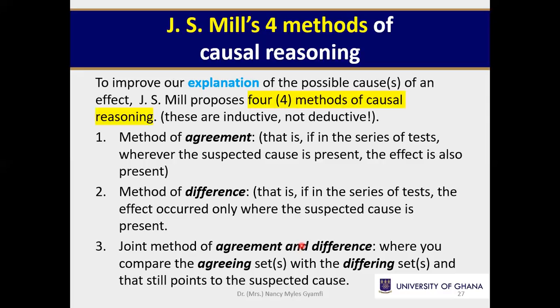Okay. So J.S. Mill's 4 methods of causal reasoning. To improve our explanation of the possible causes of an effect, J.S. Mill, who is a philosopher, proposes 4 methods of causal reasoning. Take note, these methods he proposed are inductive in approach, not deductive.